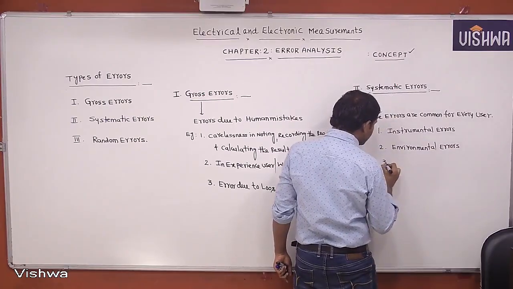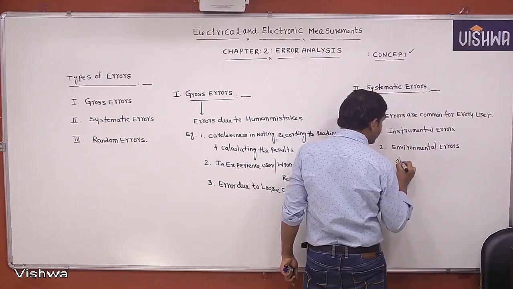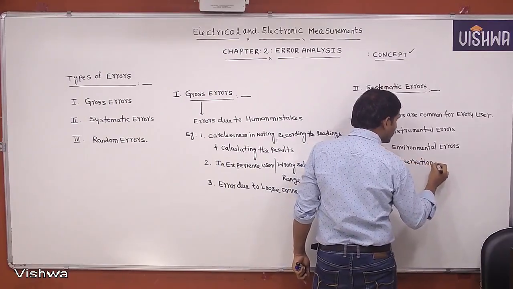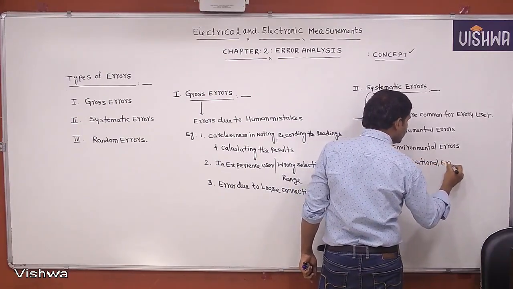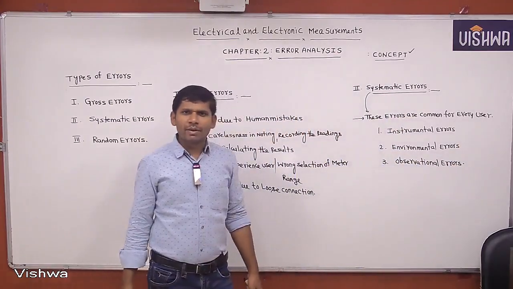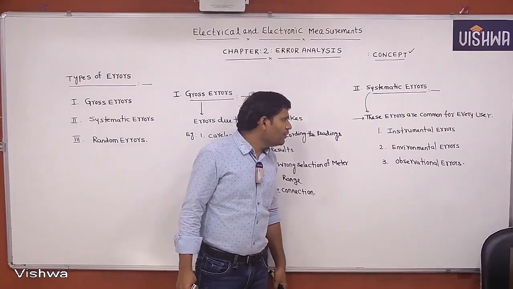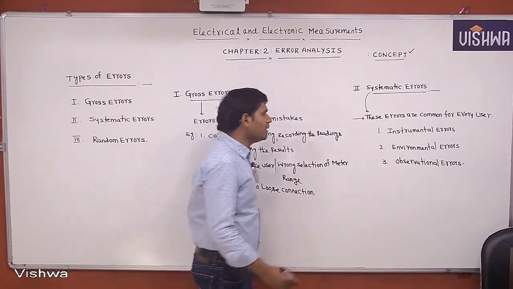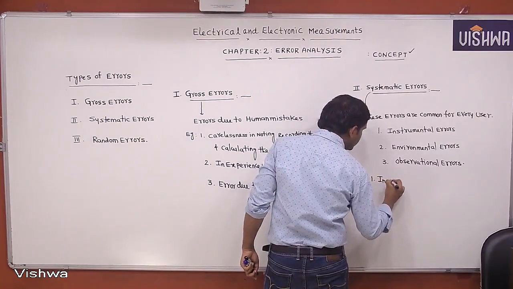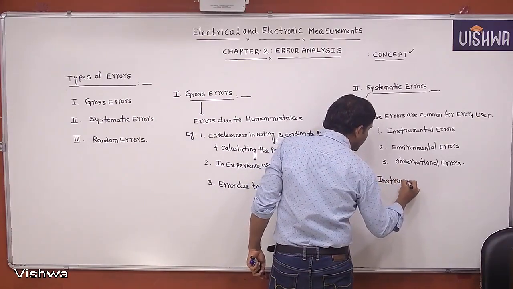Another one is observational errors. These are the different types of systematic errors: instrumental errors, environmental errors and observational errors. Tell me, what are instrumental errors?